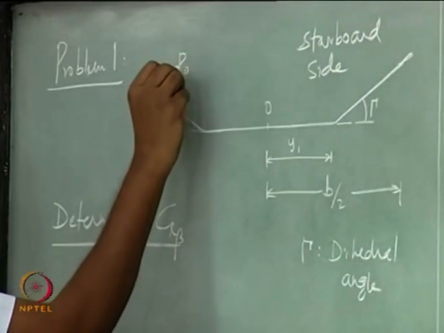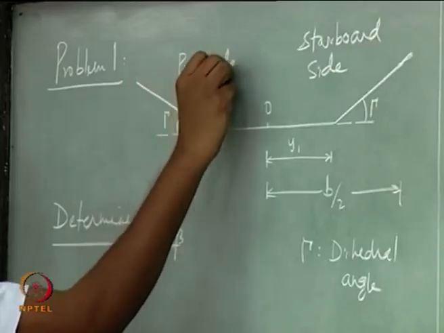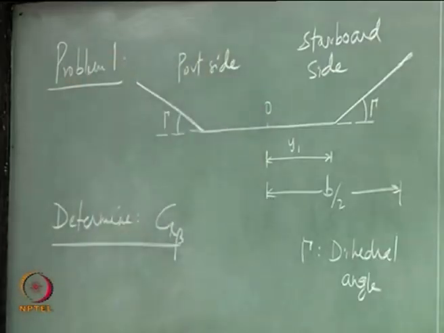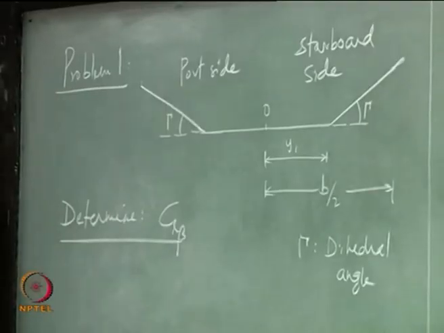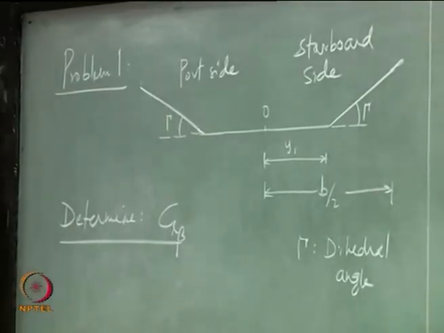And this is the port side. So, positive beta is right wing going into the wind, right. So, I want to find out this parameter CL beta. Okay.